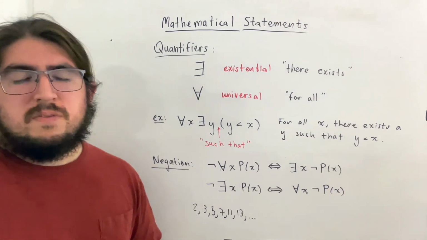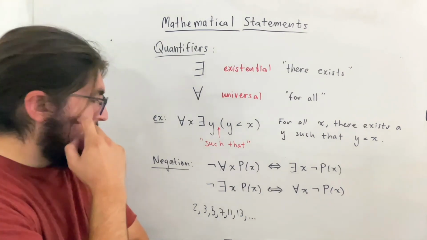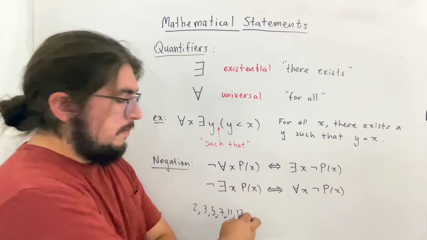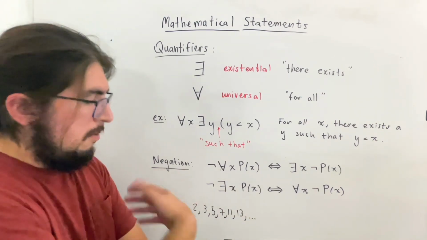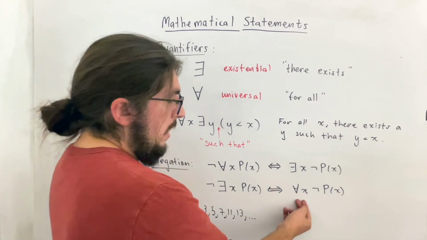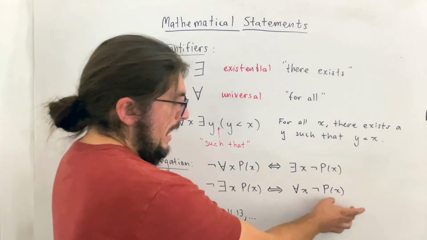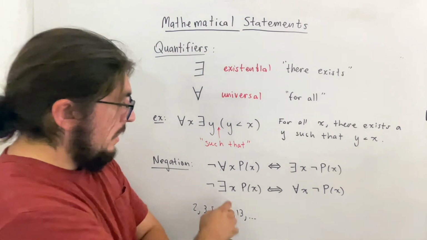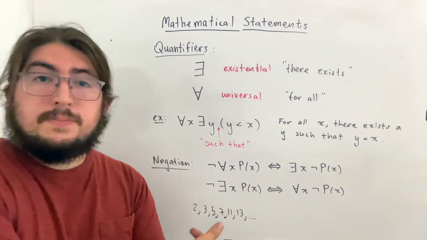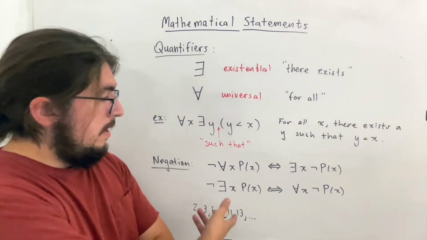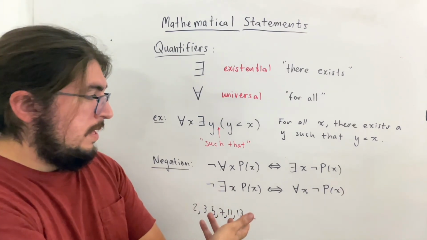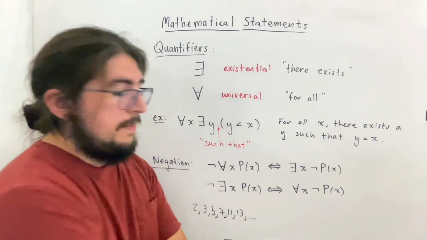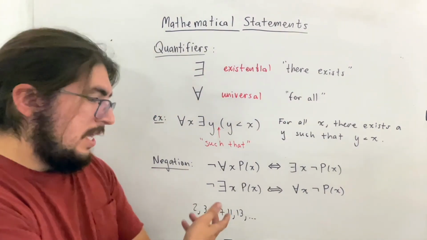So what would that be equivalent to? There does not exist x such that x is a prime. Would that be equivalent to for all x, x is not a prime? That actually makes a lot of sense, because this is excluding the possibility of x being a prime. So if that's the case, then for any choice of x, x is not a prime. Again, something to think about.